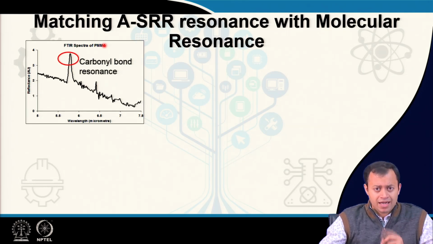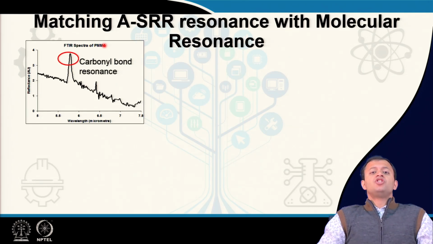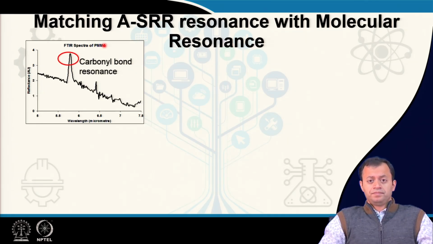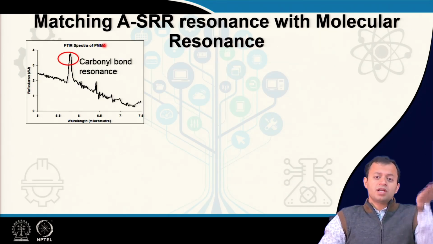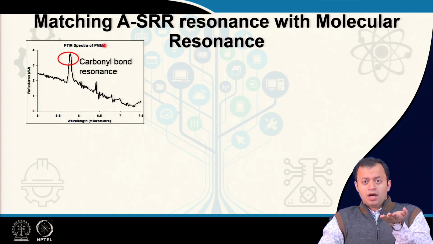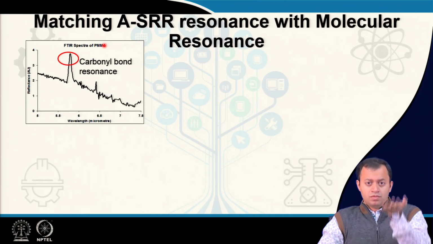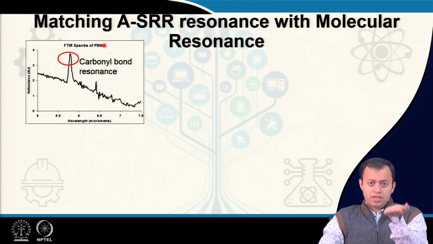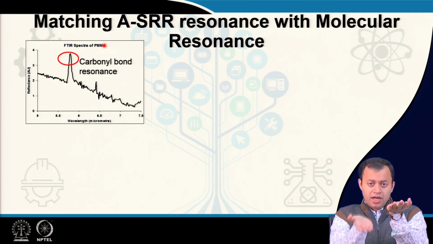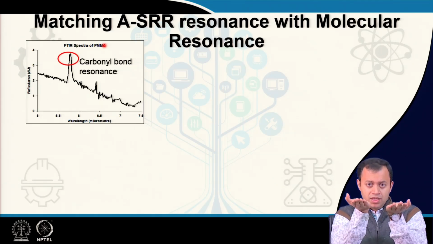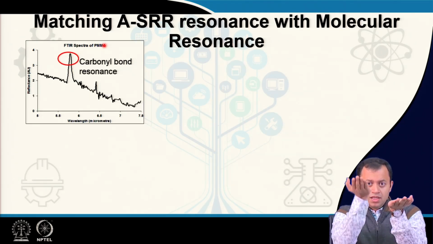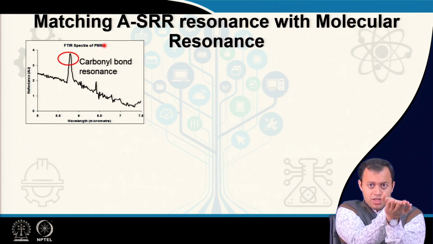But you can change the dimensions of your split ring resonators. You can tune that. So, this is the response of your molecule. Molecule is vibrating at this frequency. The resonator that you have created is vibrating at this frequency. This is fixed, this is not. You can tune it to match here.